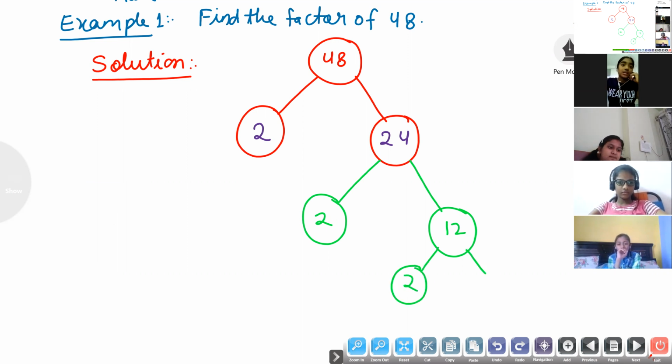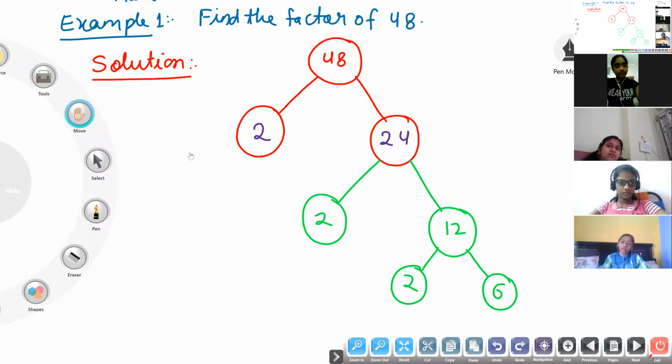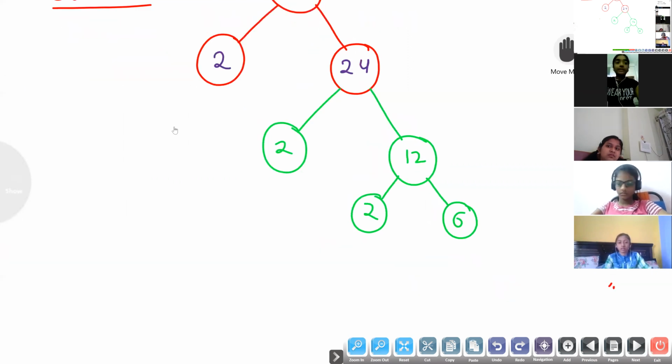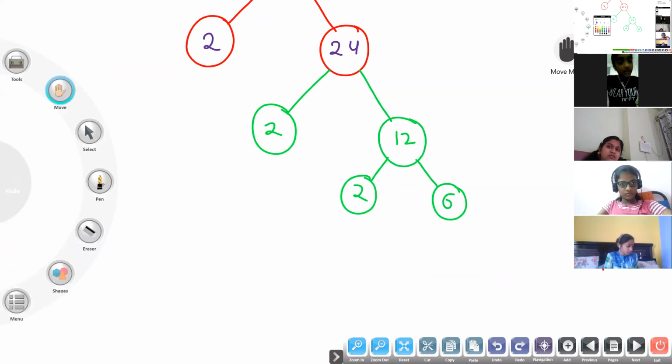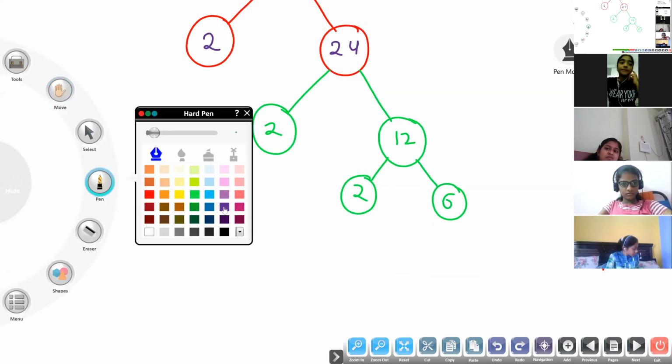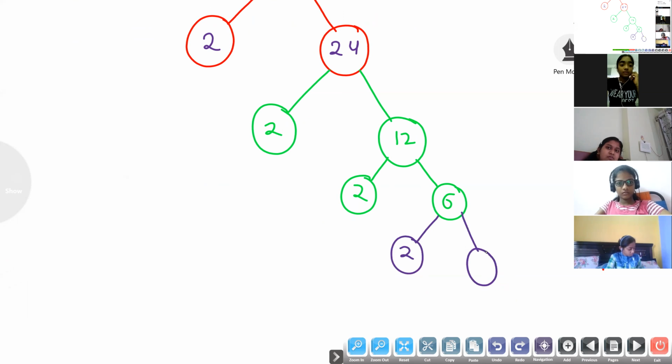It will come 6. Again 6 I can divide by 2. 6 divided by 2, answer has come 3.